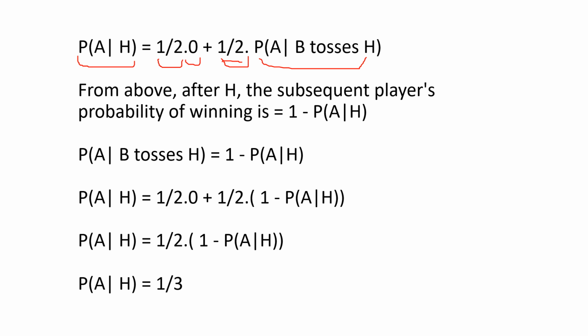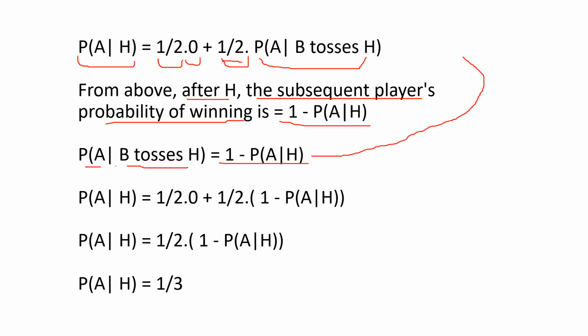Now, as we've just seen, after a player tosses heads, the subsequent player's probability of winning is 1 minus PA given H. So probability of A's winning given that B just tossed heads is 1 minus PAH.